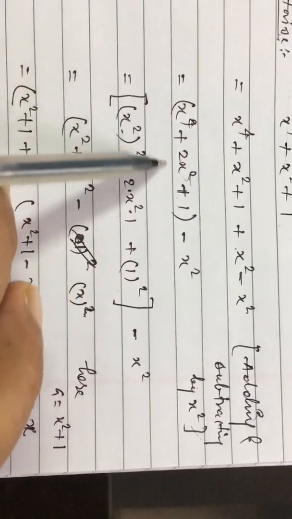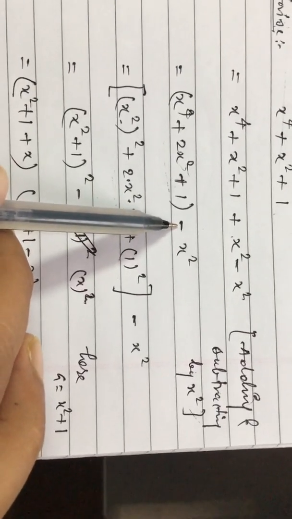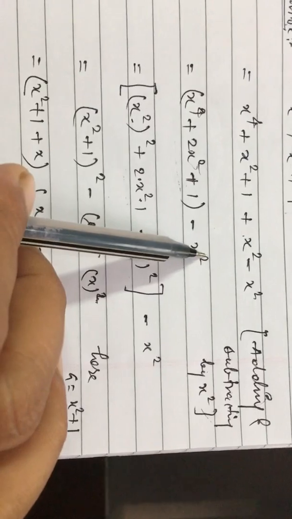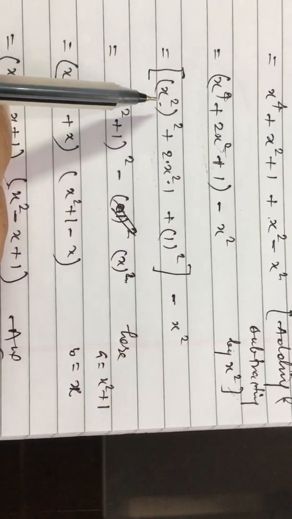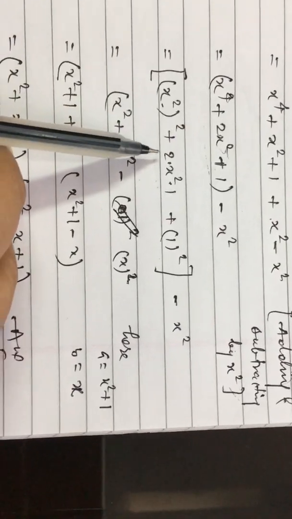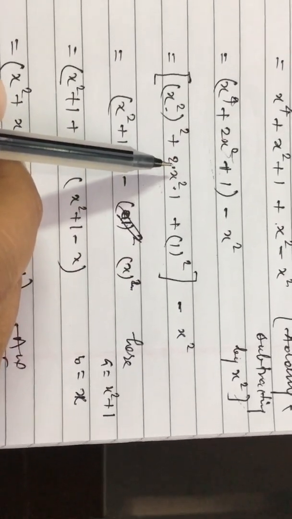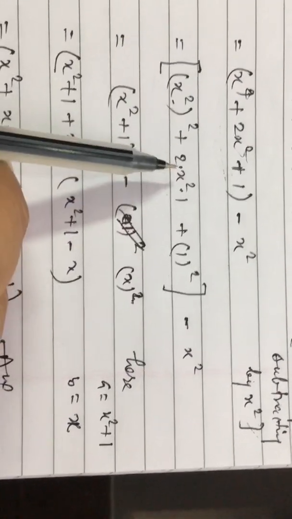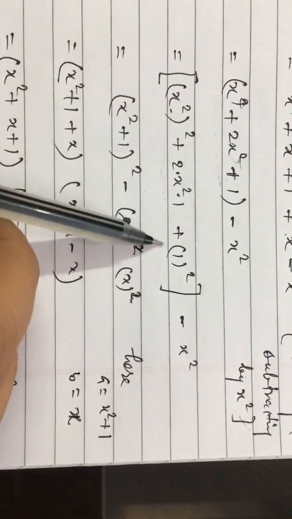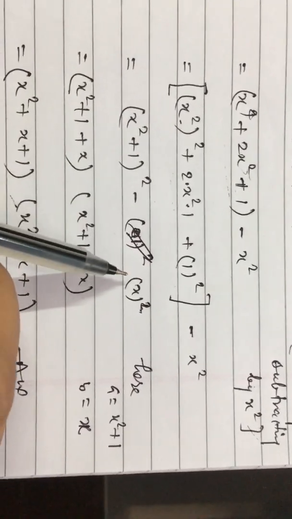Now you can see this part becomes a perfect square, and the difference of squares, a minus sign is there and x square is there. See, x to the power 4 is x square whole square, it is 1 whole square, and according to the formula 2ab, a is x square and b is 1, and this is the perfect square of x square plus 1 minus x square.